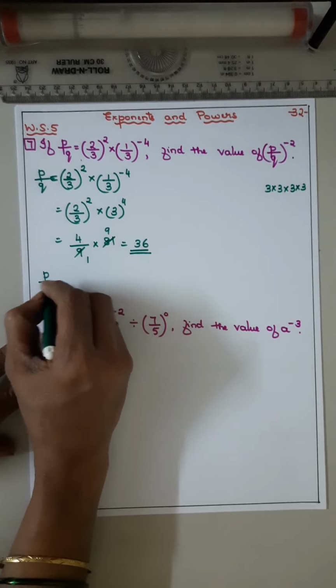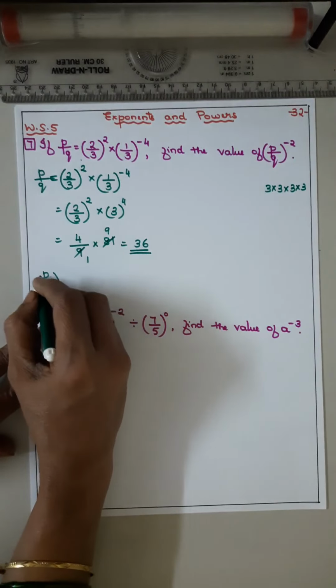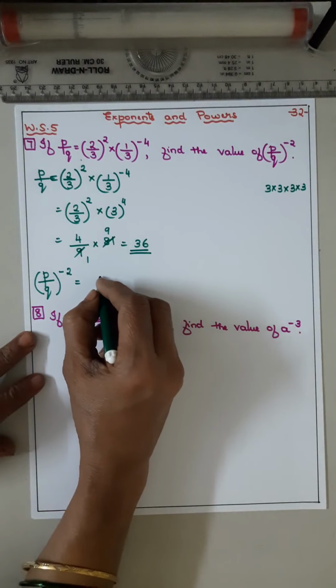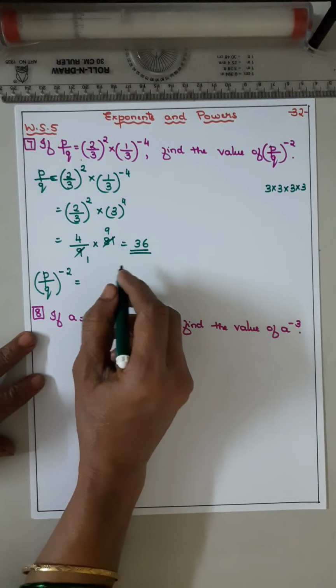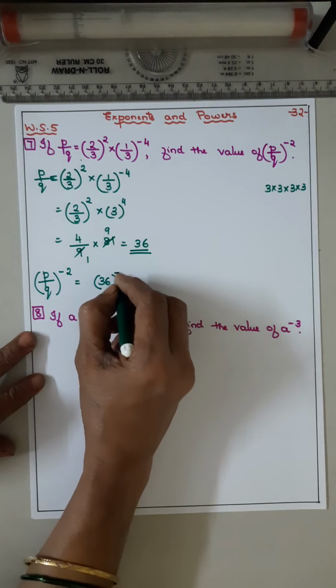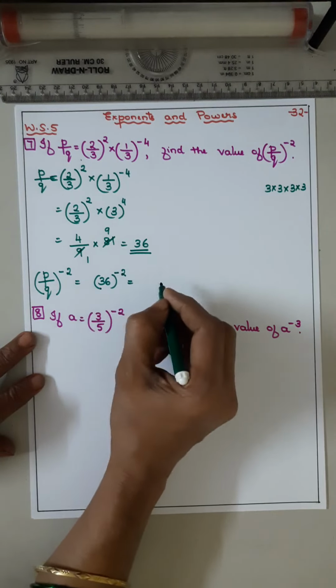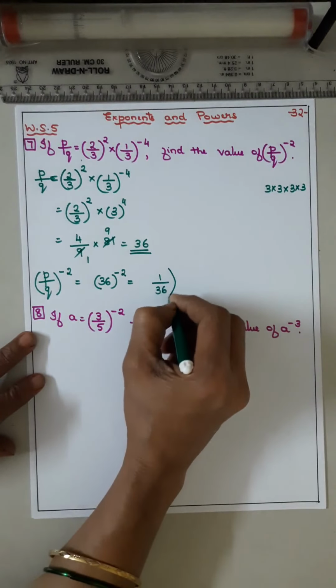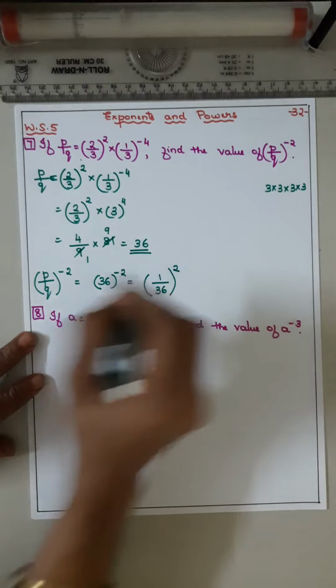Now you have to find out P by Q the whole raised to minus 2. So P by Q, how much you got? 36 the whole raised to minus 2. That means 1 by 36 the whole raised to 2.